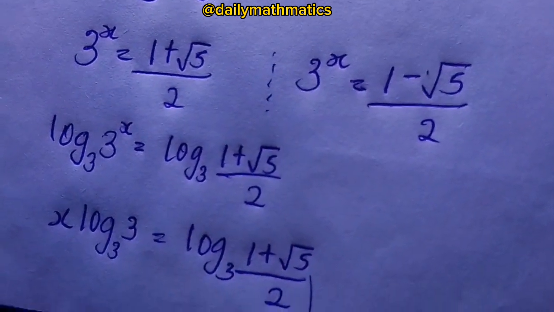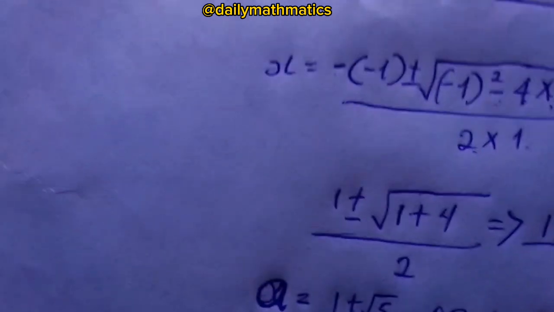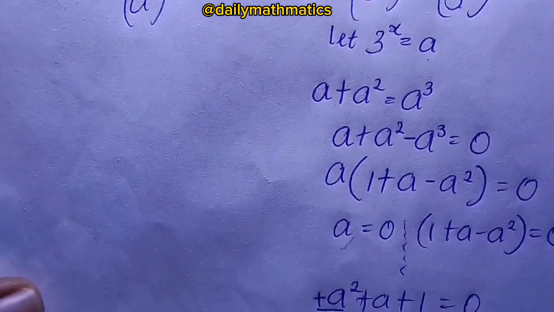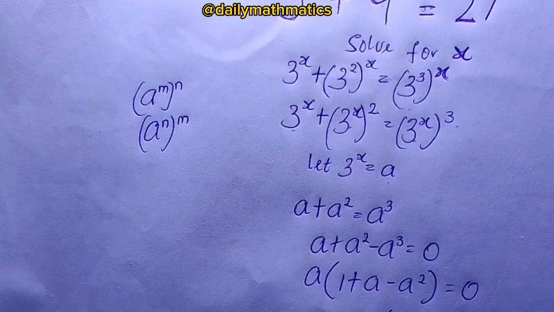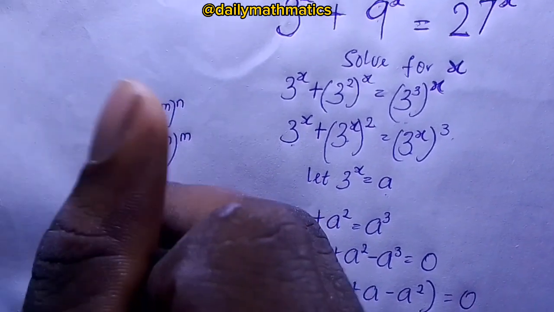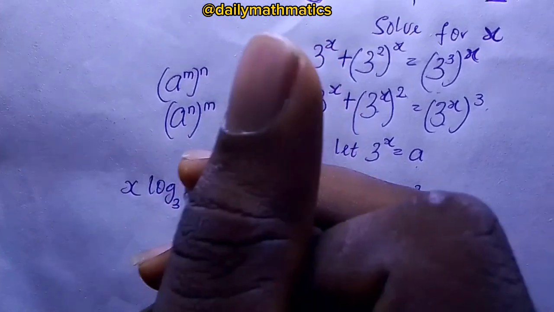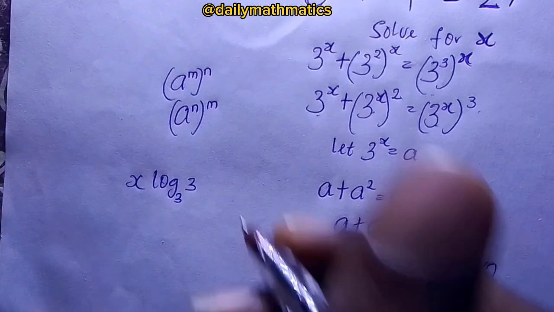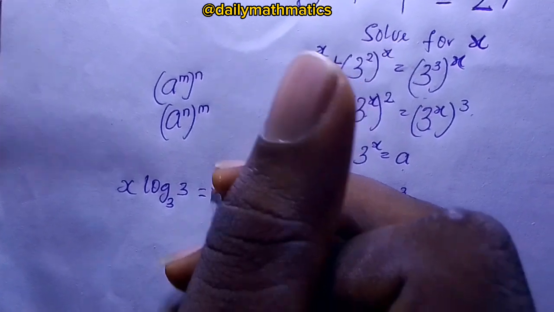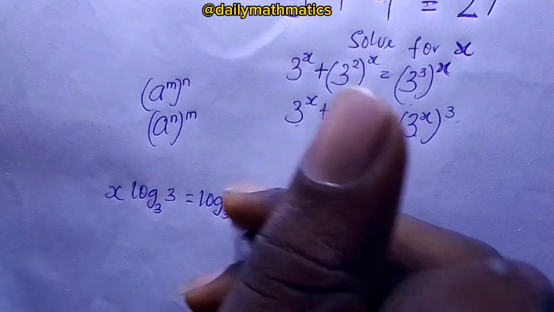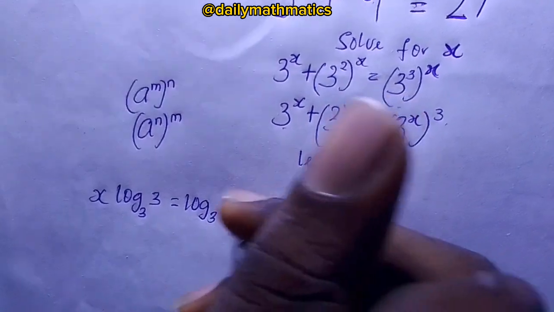That's for the first instance. And so from the last one we have x log 3 in base 3 equals log base 3 of 1 plus root 5 over 2.